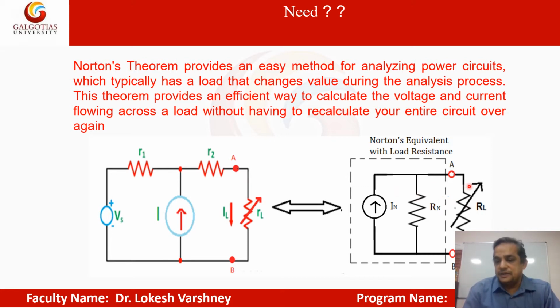It is a very easy method to calculate the current flowing in RL. We know the current division rule in any two parallel branches. So the formula to calculate the current in RL is IL equals RN into IN upon RN plus RL.